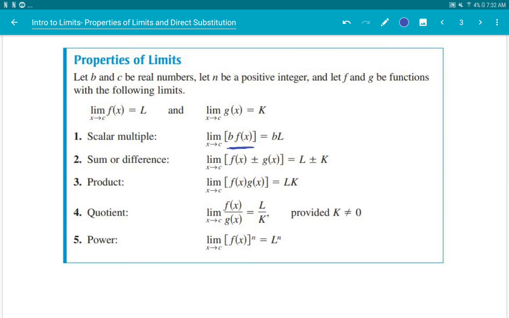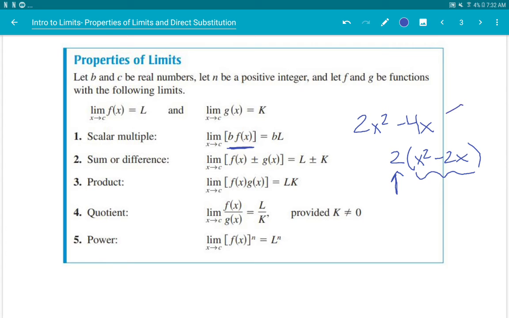For example, if we had 2x squared minus 4x, technically, you can factor that out into 2 times x squared minus 2x. So the limit is just going to be 2 times the limit of this function. Whatever the limit gives you of the factor, you're going to multiply that by 2, and that's going to give you the limit.